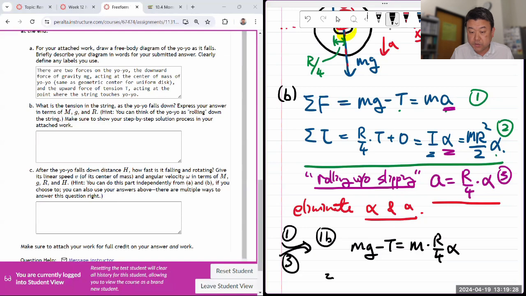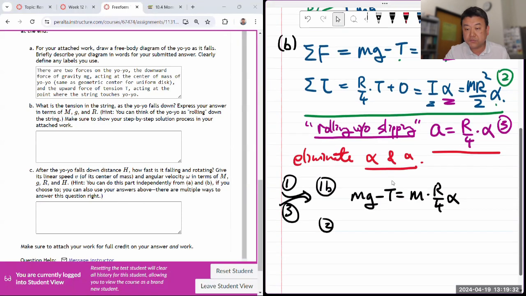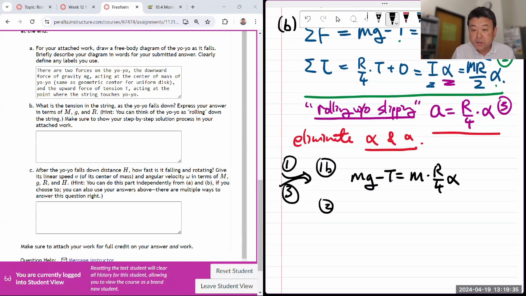Let me write down equation 2 again for comparison and to think through what to do next. The lever arm times the tension force is equal to mr squared over 2 alpha.